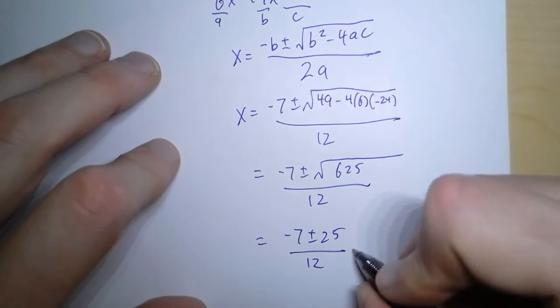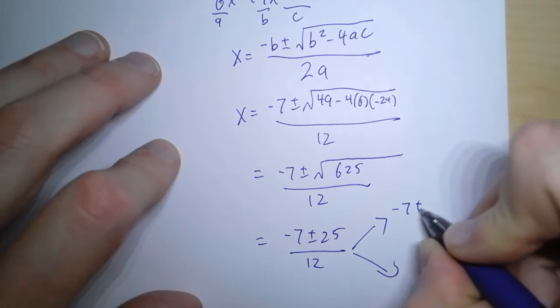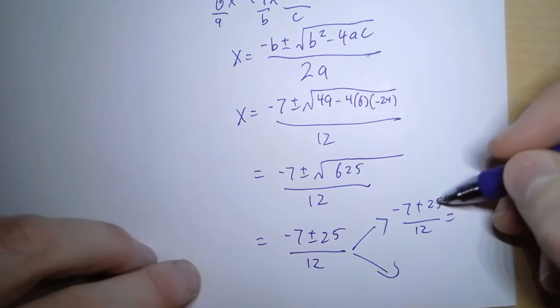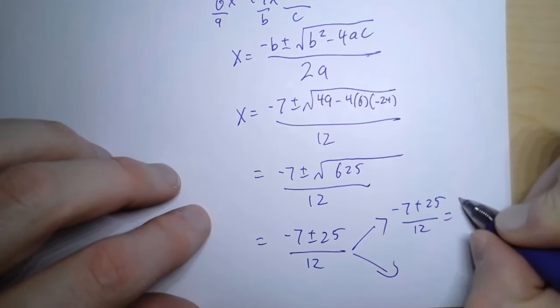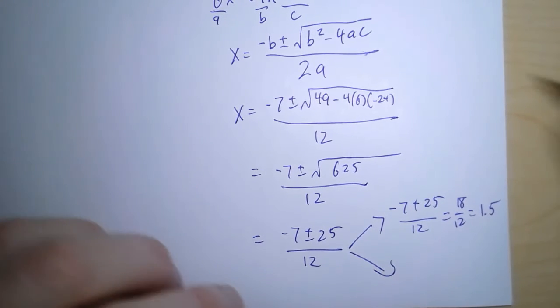So that means we have to split this into two things. Negative 7 plus 25 over 12. So 25, and we add negative 7. So that's going to give us 18 over 12, which is 1.5.